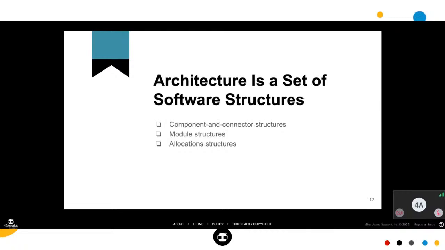The idea of this architecture structure is to show these different views to the different stakeholders that want to see different attributes, elements, and the relations between the elements on every occasion, right?